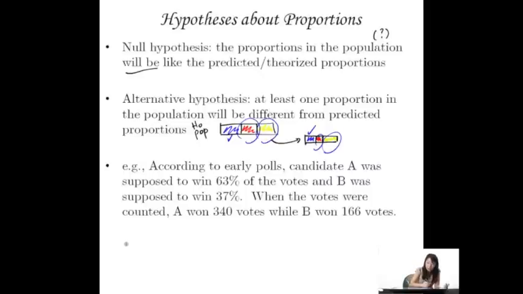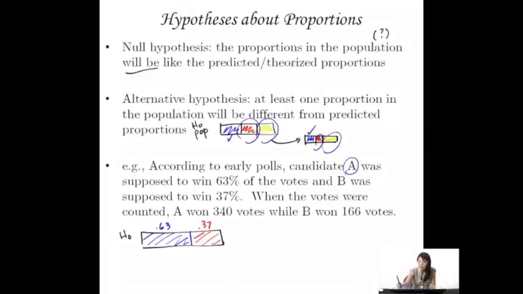So here, just to give you that picture again, the null hypothesis population was that candidate A, I'll color A in blue, should have won 63% of the vote. And candidate B, I'll color in red, should have won 37% of the vote, right? So what would be our null hypothesis?